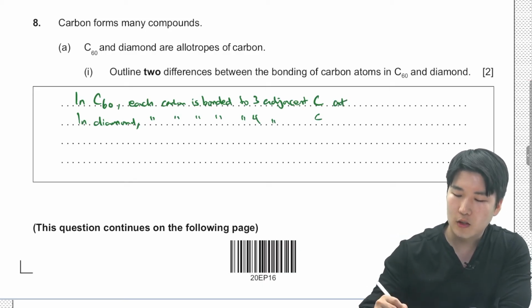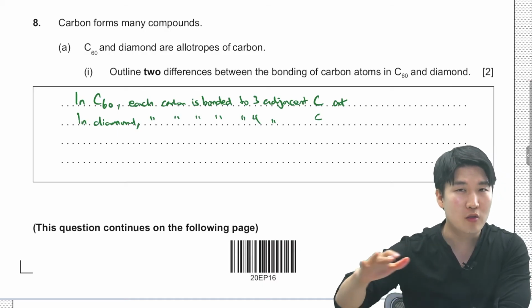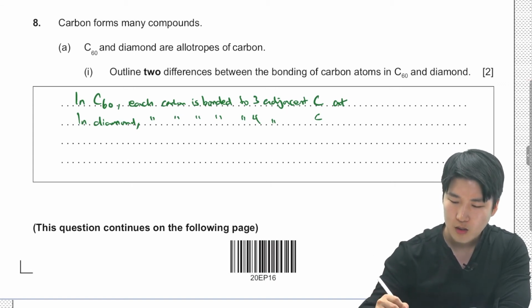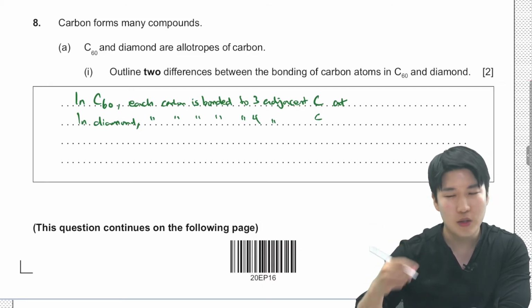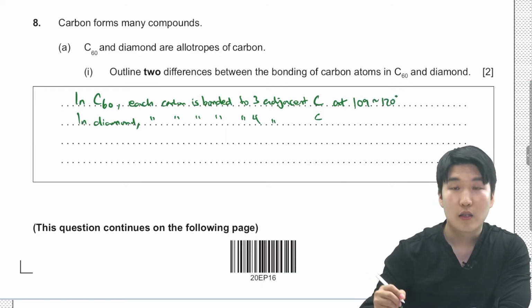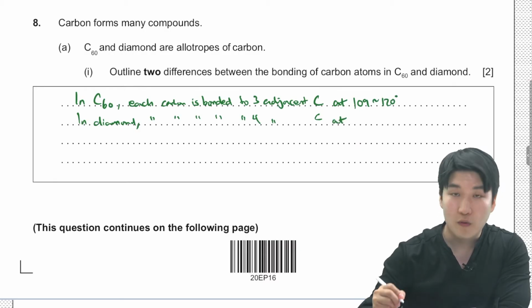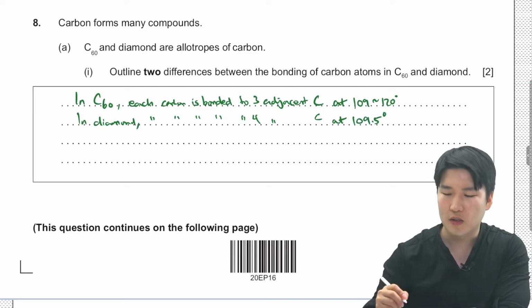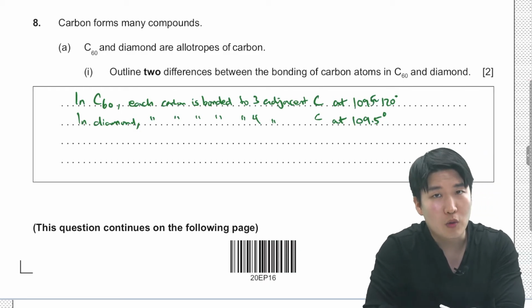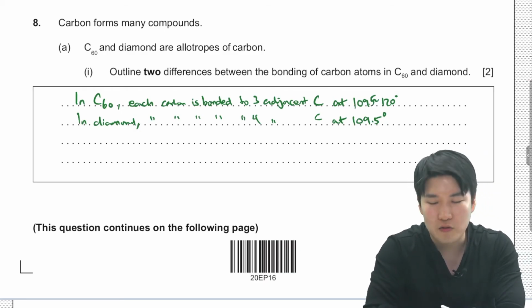At almost 120 degrees. Why? Because it's almost trigonal planar. Not completely, but almost trigonal planar. So the bond angle is going to be less than 120, between 109 and 120 degrees. But for diamond, specifically, exactly 109.5 degrees. For C60, the bond angle is between 109.5 and 120.